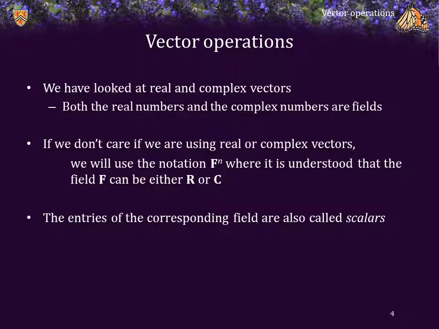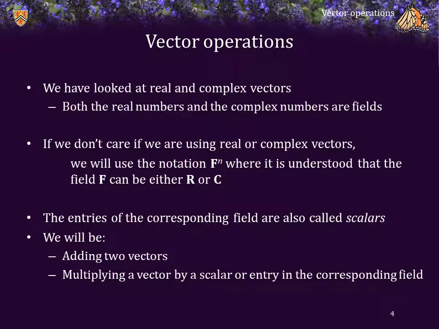Now, the entries of the corresponding field are also called scalars in this course. So very often I will refer to a scalar alpha, and that means either a real or a complex number, whichever one is relevant at the point of discussion.